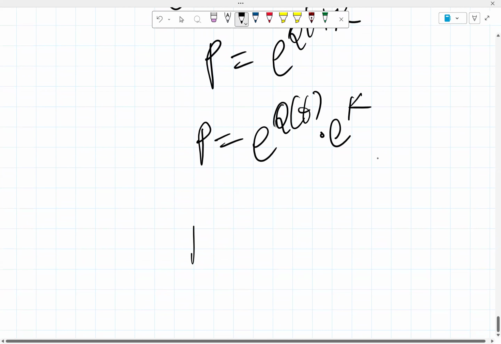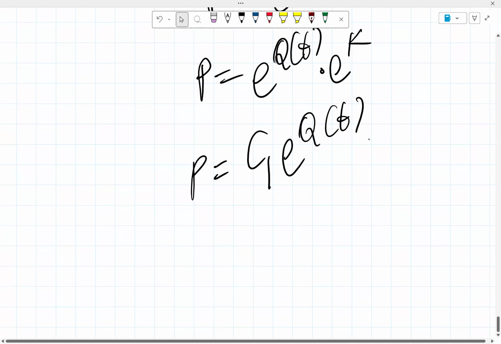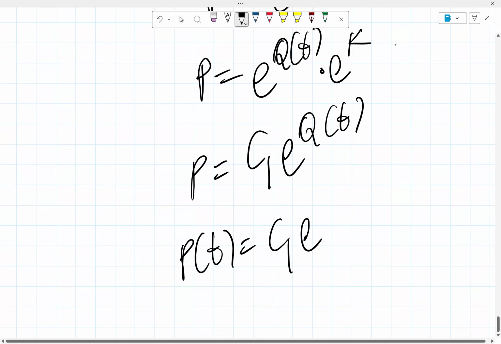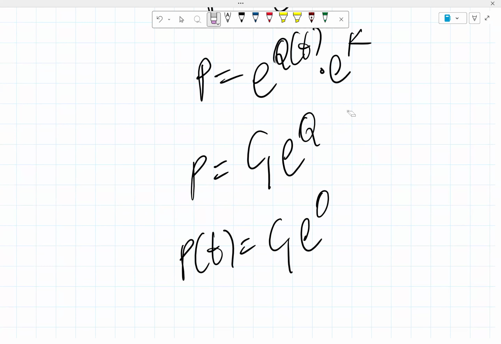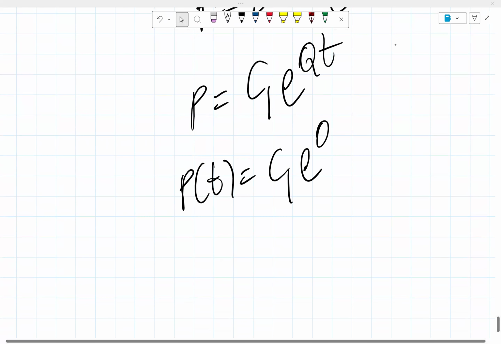If this e raised power k is now a constant, call it c1, you have c1 e raised power Qt. So this is fully P of t equals c1 e raised power Q multiplied by t.